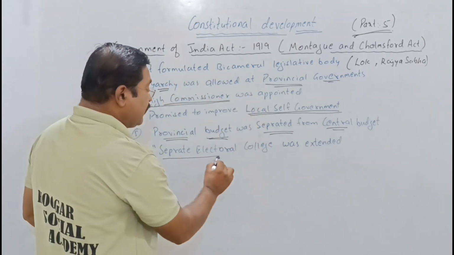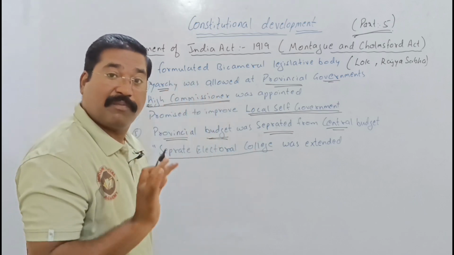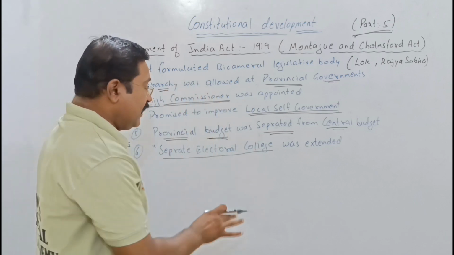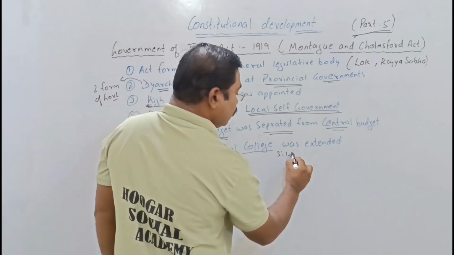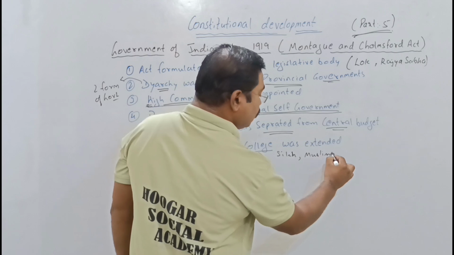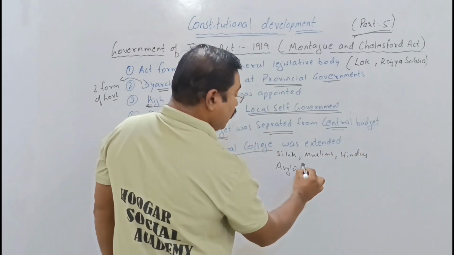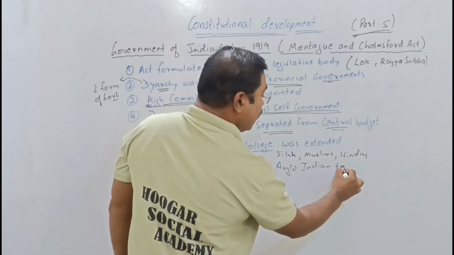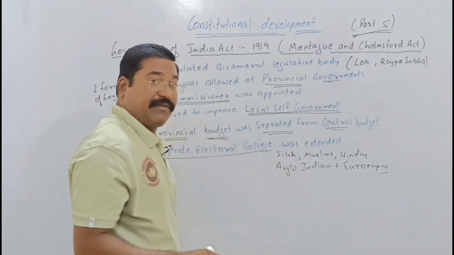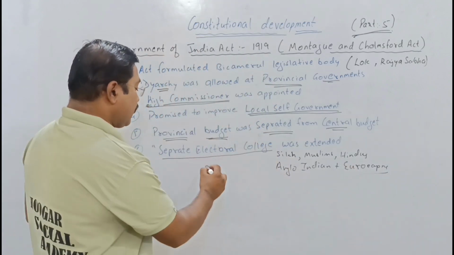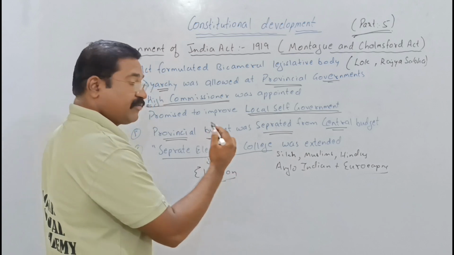In the same way, continuing, see here, separate electoral college, the divide and rule policy as I said. Separate electoral to whom? Again to the Sikhs, Muslims, Hindus and Anglo-Indians. Now one more added: Anglo-Indians plus Europeans. Even they are also allowed to be part of the election.